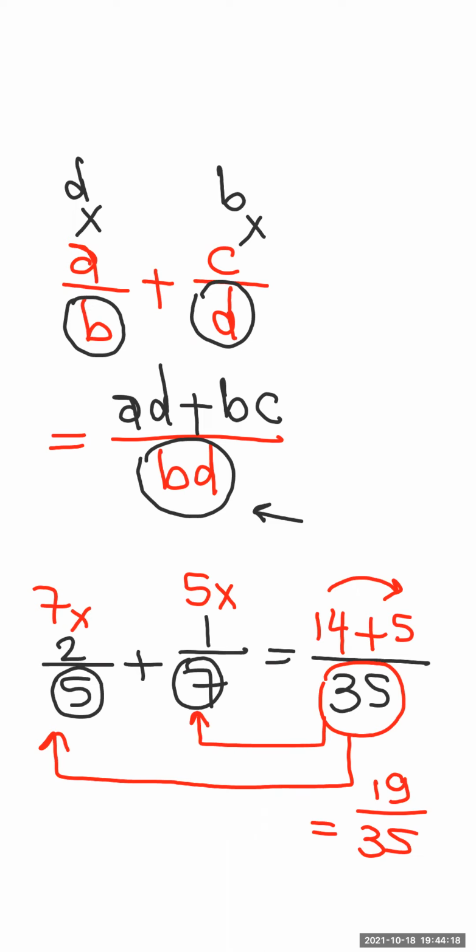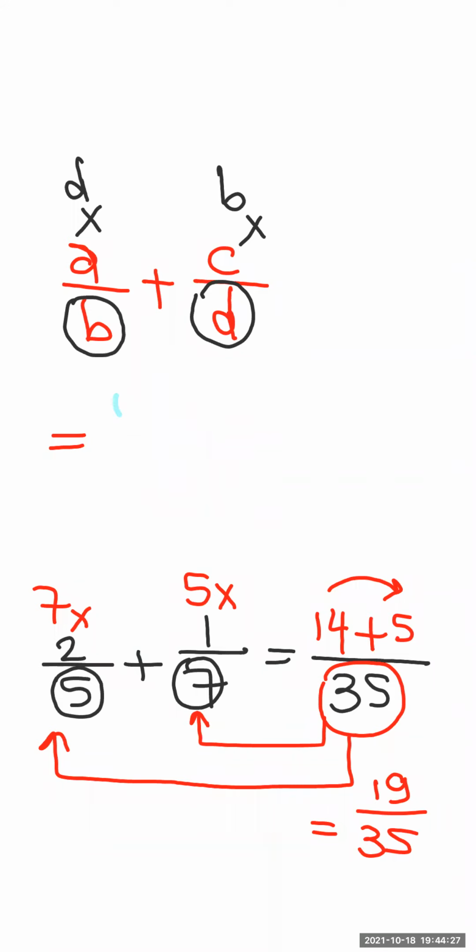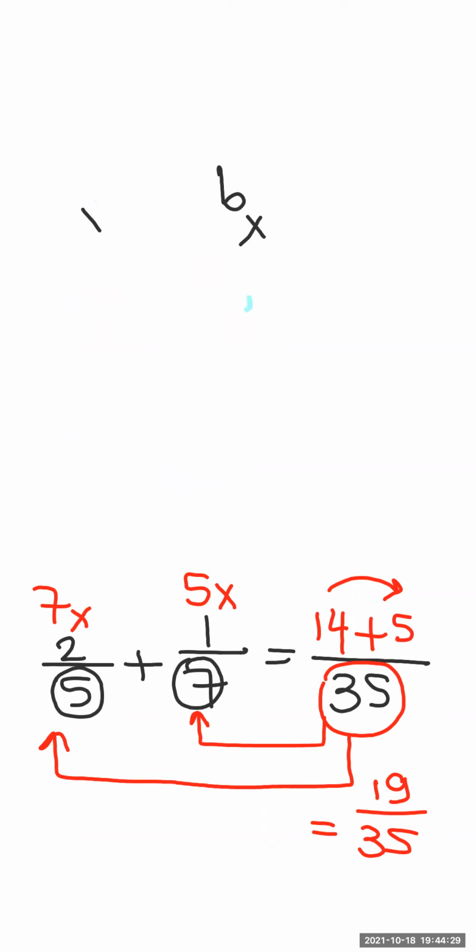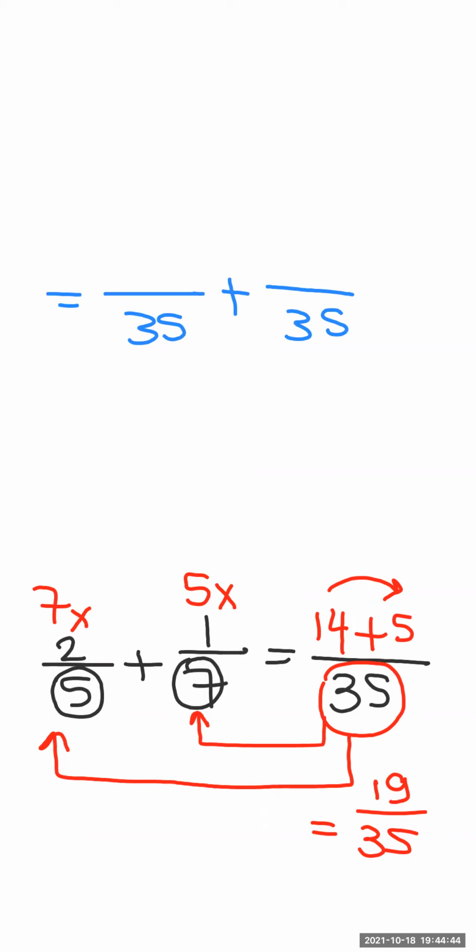Exactly, no problem. You can write it in one fraction or in two fractions. It will be exactly the same. Just one second, I will clear this part from the board to show you. We can say that this one is a number with the denominator 35, and the second one also 35, right?